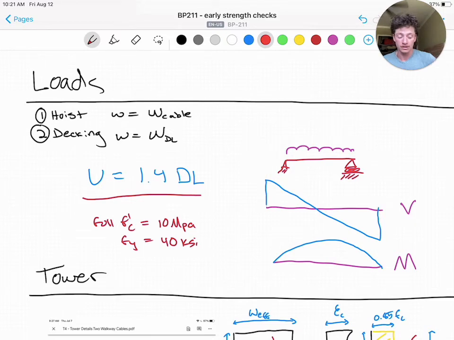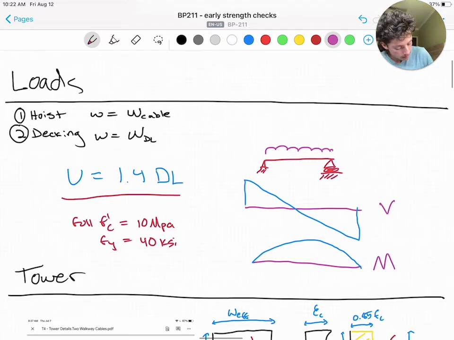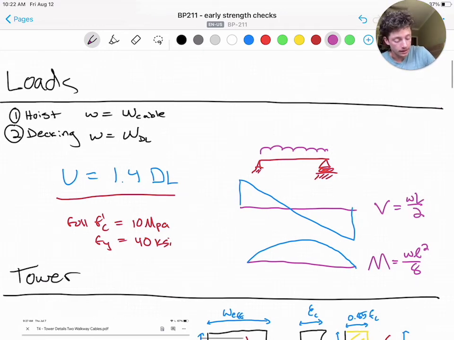And we're going to continue approximating as a simply supported beam with the moment and shear diagrams as follows. Remember, that's going to be wL squared over 8, where that L term is 2.4 meters, the distance between the supports, the ramp wall supports.